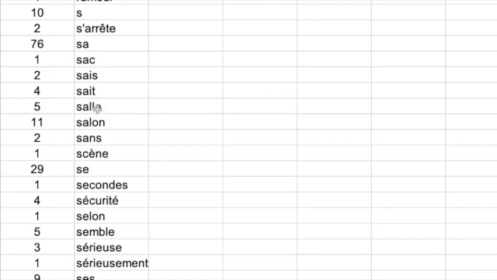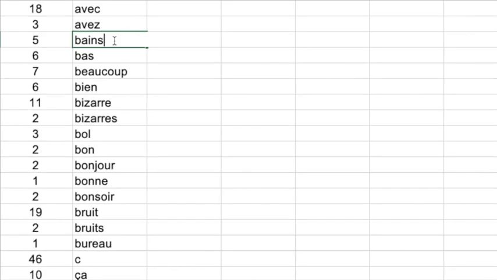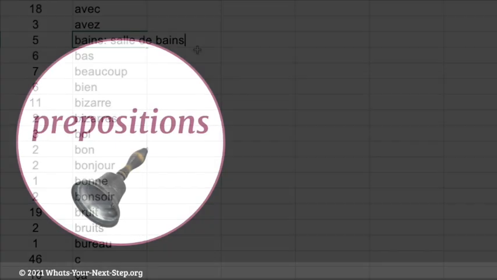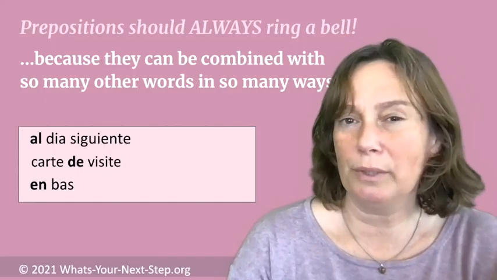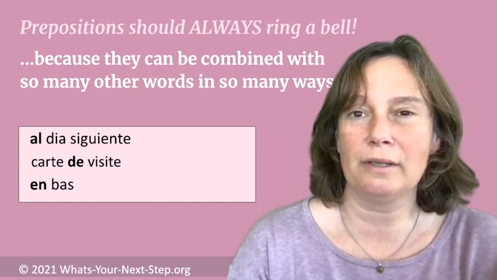Remember, if a set phrase consists of 2 or more words separated by a space, think about whether each individual word should appear as a separate entry, since we don't know which part of the expression a reader might look up. Now, prepositions should always ring a bell because they can be combined with so many other words in so many ways.